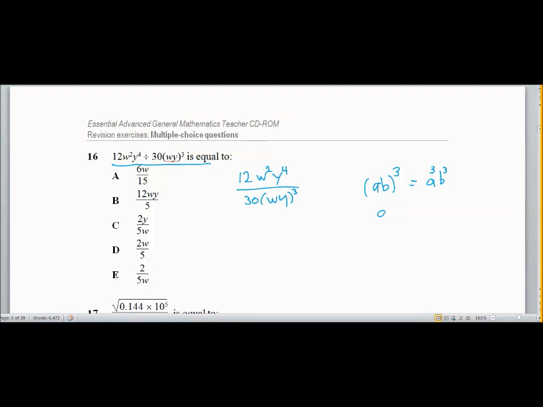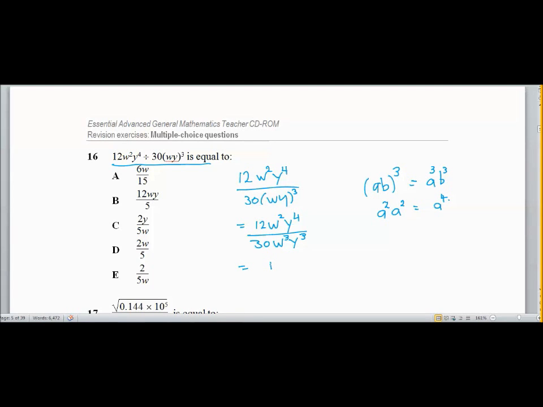And also remember, if we have two indices multiplied by each other, then we will add the powers. So just make sure of that fact. So far we've got 12w squared y to the power of 4 over 30w to the power of 3 y to the power of 3.